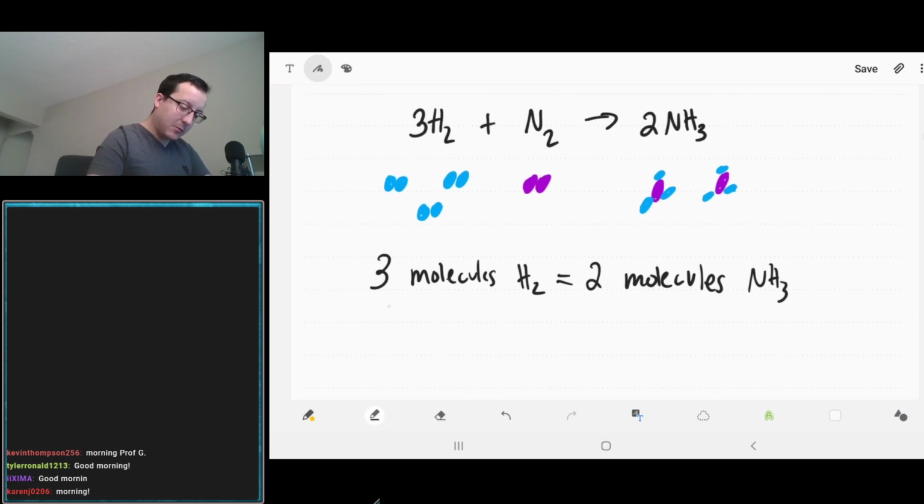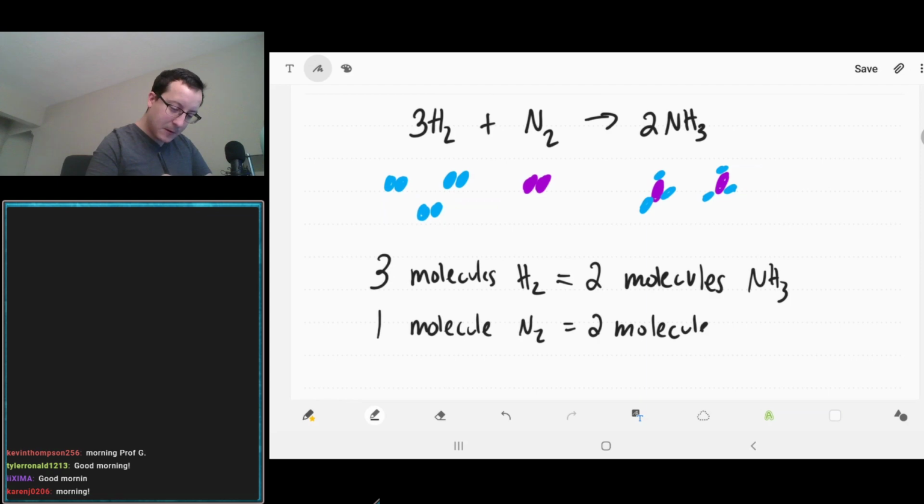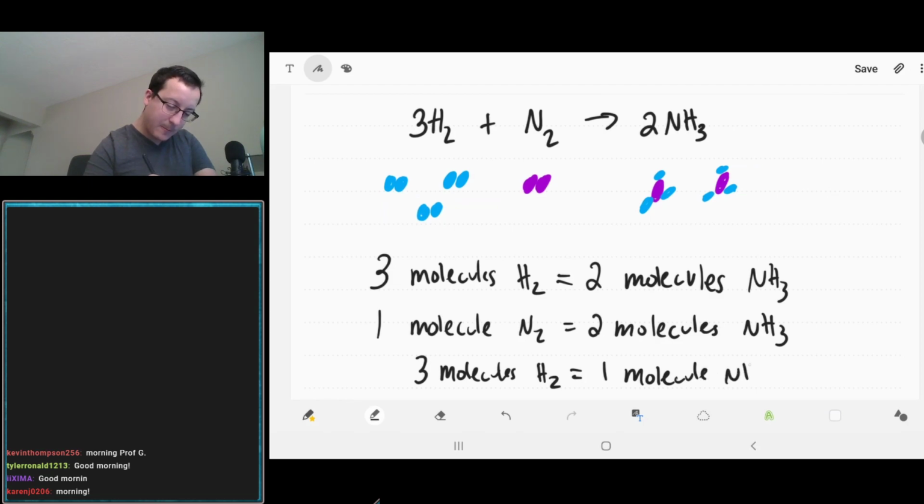We'll do the same thing. We can see that 1 molecule of nitrogen will also give us 2 molecules of ammonia. And we can also see that we're going to need 3 molecules of hydrogen to react with 1 molecule of, not ammonia, nitrogen.